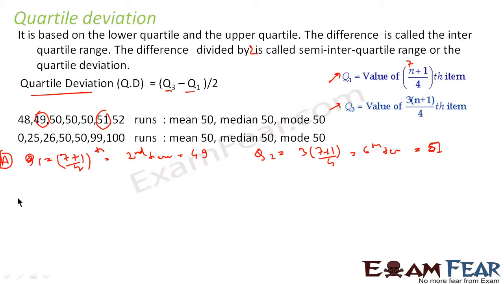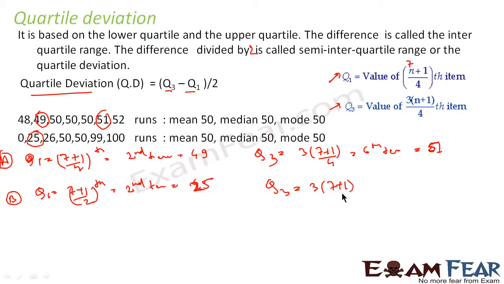Now for player B, Q1 again will be the same, 7 plus 1 by 4th term, the second term, and the second term here is 25. And Q3 will be again 3 into 7 plus 1 by 4th term. This will be the 6th term, and the 6th term here is 99.